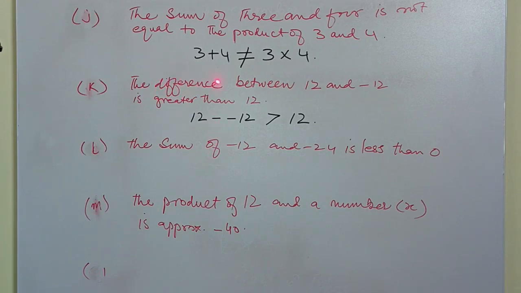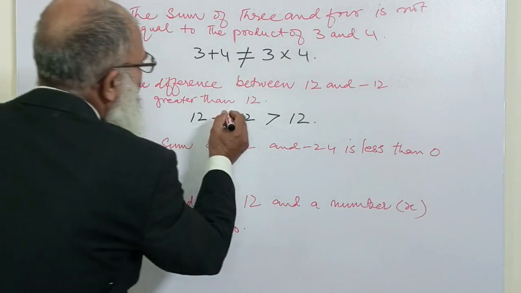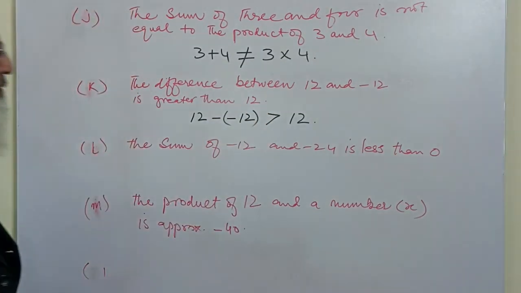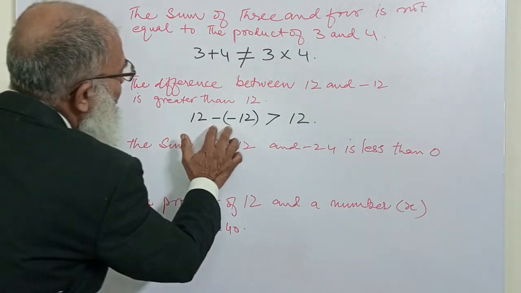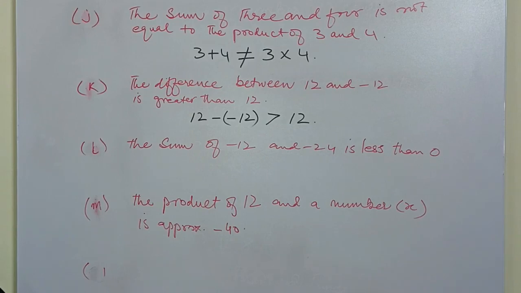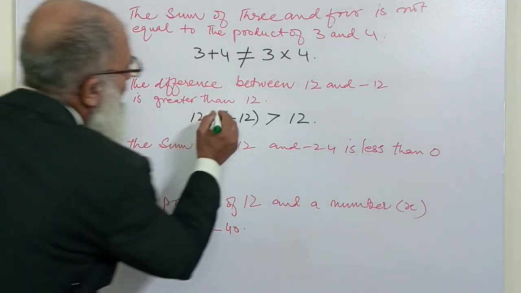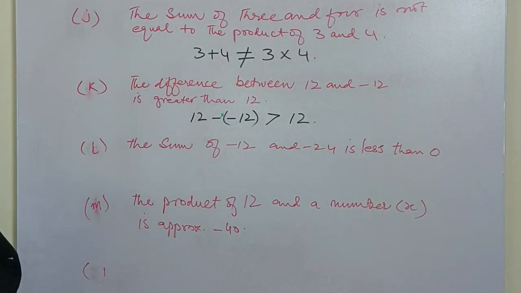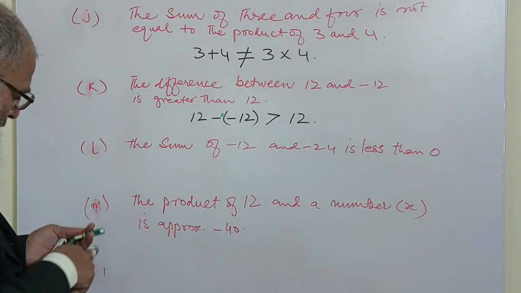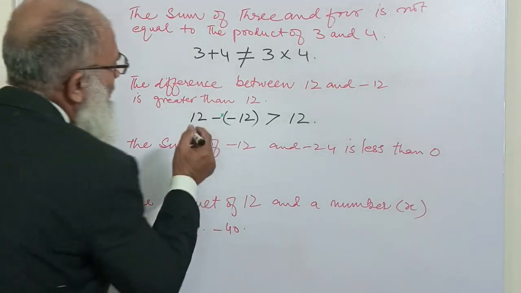The first one is for the difference, and the second one is the sign written with this 12. Now what we do when this situation occurs, we just enclose the second number in parentheses. Now this parenthesis acts like multiplication.